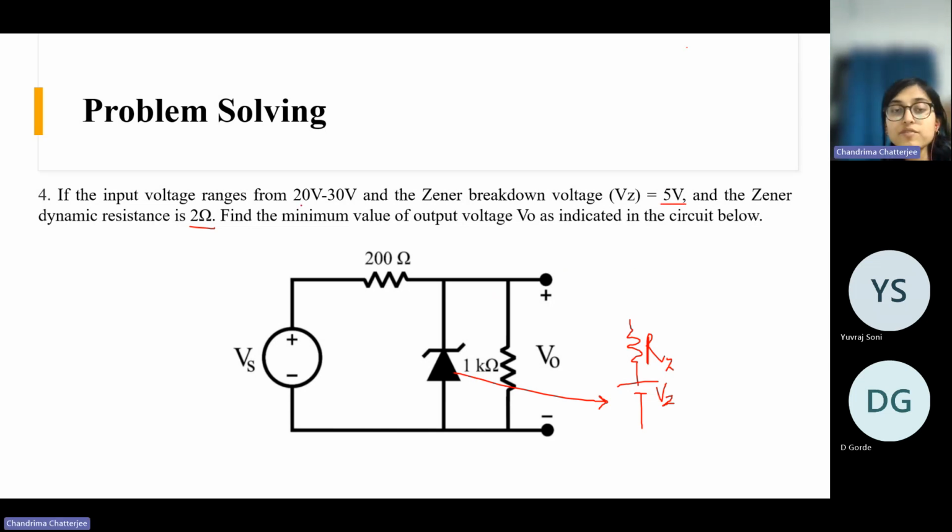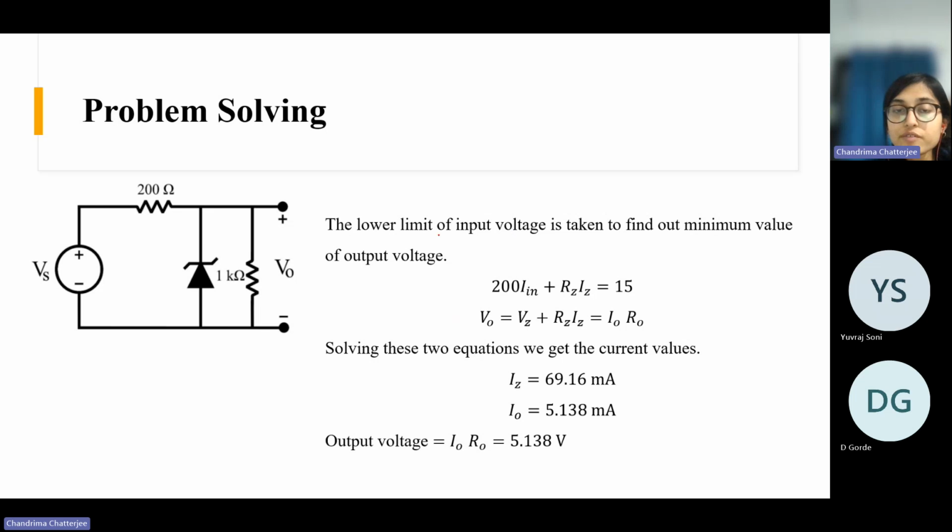The range of input voltage is given. As they have asked for the minimum value of output voltage, we will take the input voltage as 20 volt, because we need to find the minimum output voltage. That's what I have written: the lower limit of input voltage is taken to find the minimum value of output voltage.